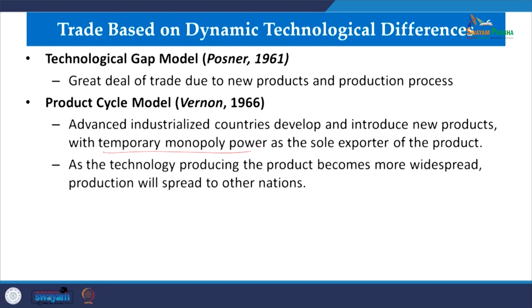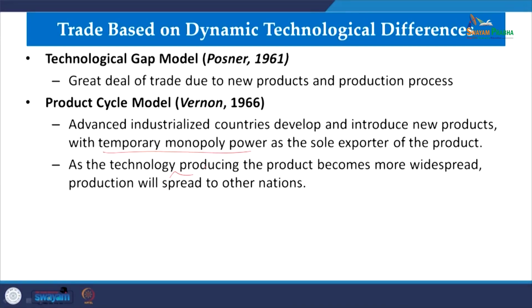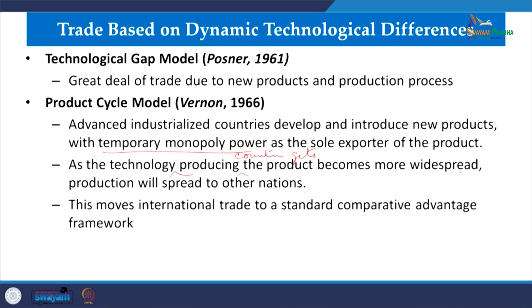But later on, the technologically advanced countries producing the product see that the product becomes more widespread and production spreads to other nations. In short, these are short sentences, so you should read between the lines to understand properly.